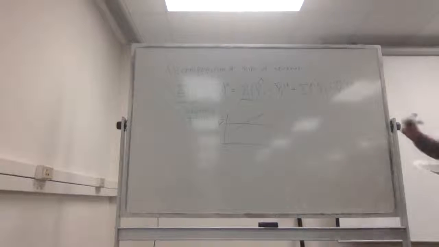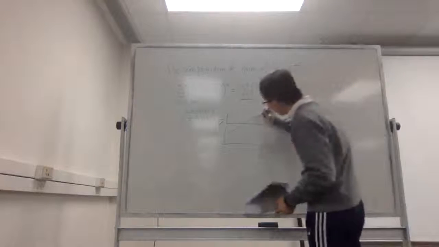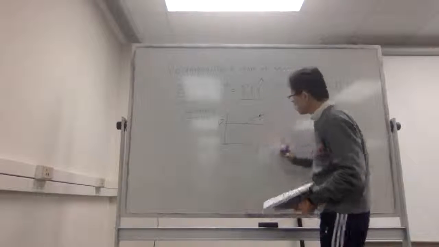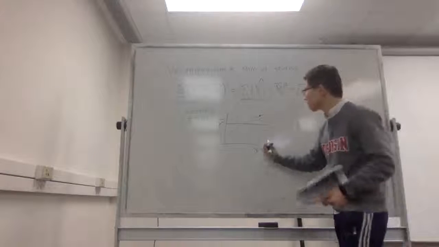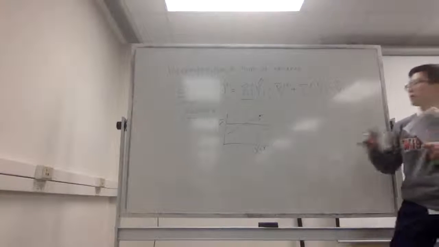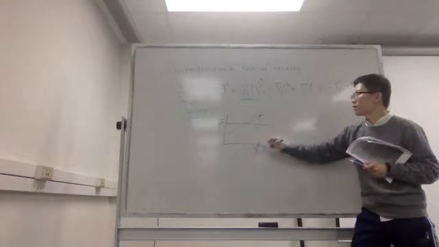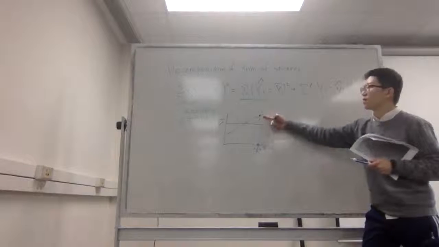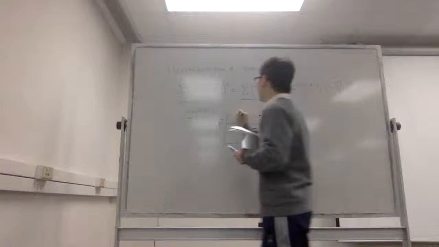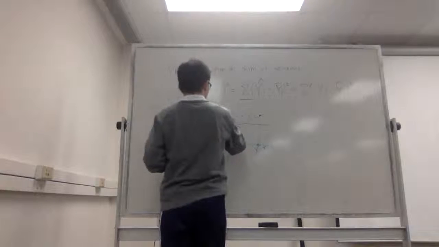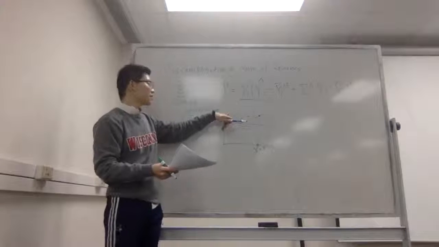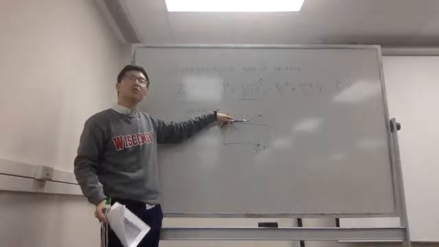But after running the regression, based on x's information, you are predicting that this person would have this level of predicted value.